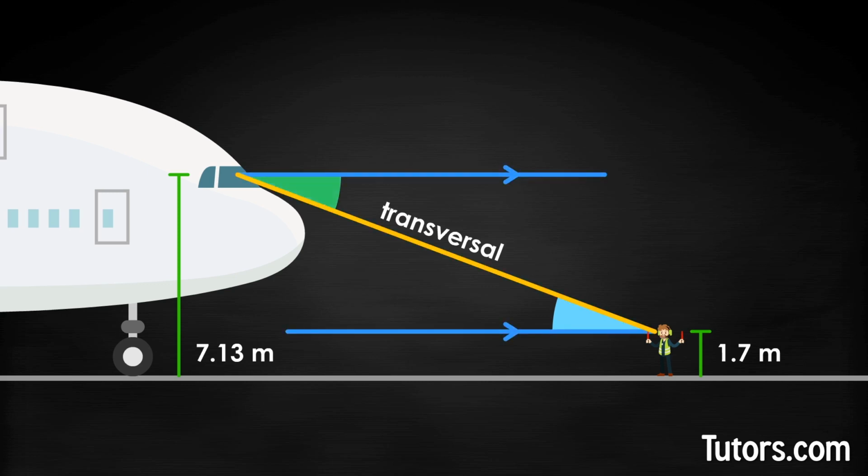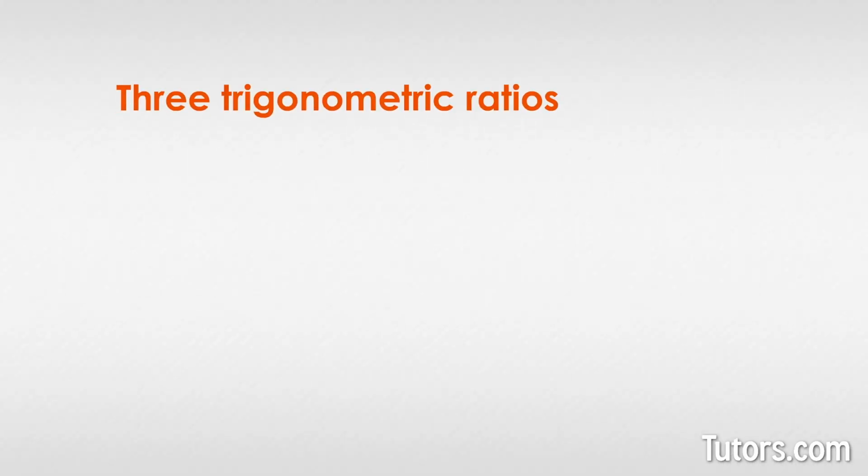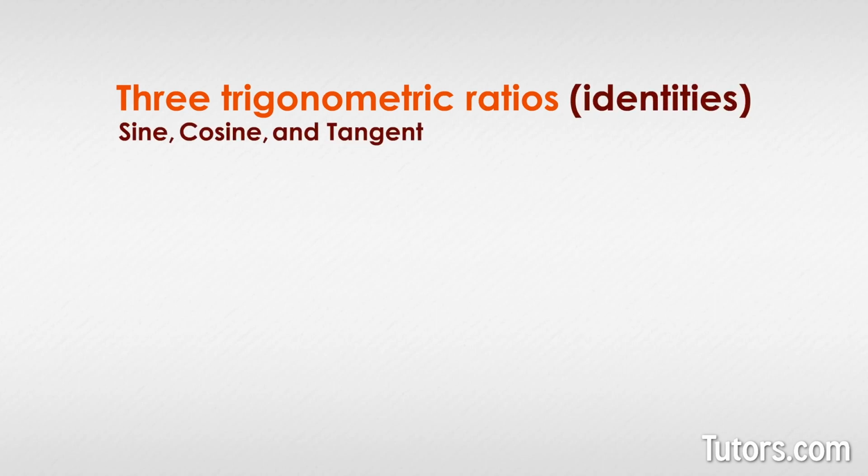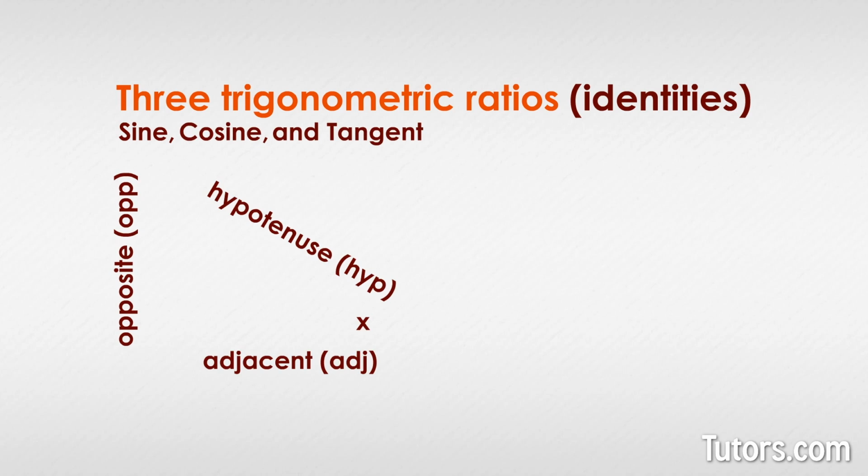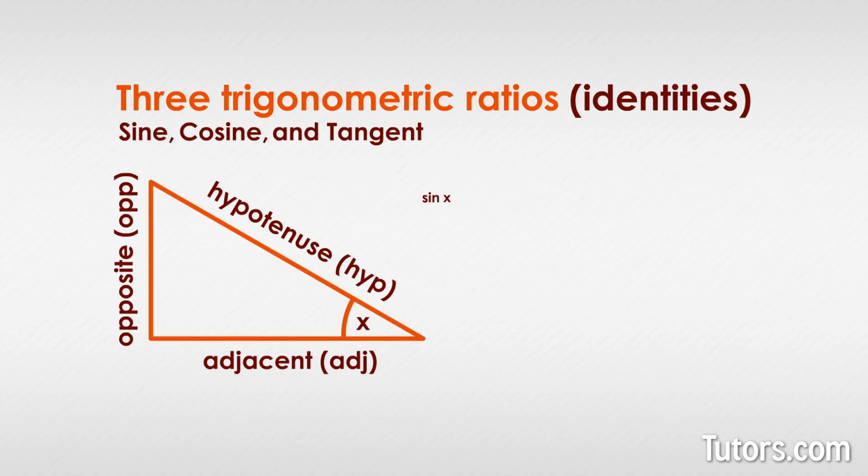The angle of depression provides important information about distance and height. Recall the three trigonometric ratios or identities: sine, cosine, and tangent. They each are the mathematical relationship between angles and sides and the hypotenuse of a right triangle. Sine x equals opposite side to the given angle divided by hypotenuse.